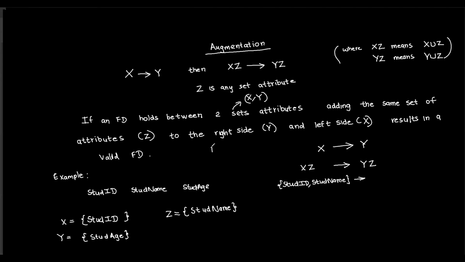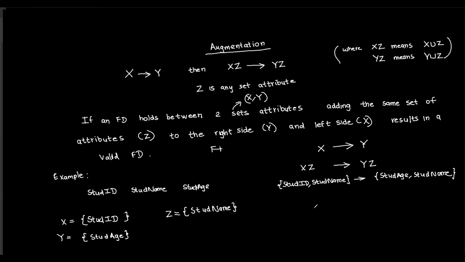We are going to find all the FDs in F plus. Therefore, you have to do that. This is one example in this specific relation. You can also add XX, but XX is X, so it doesn't matter.